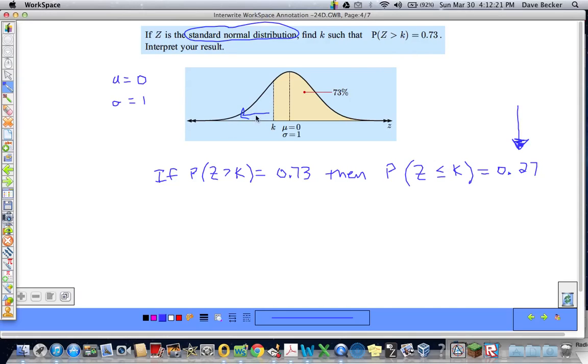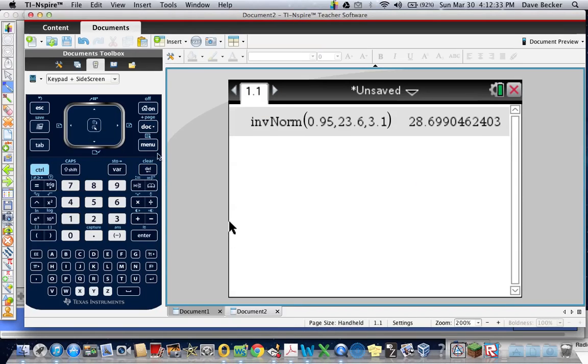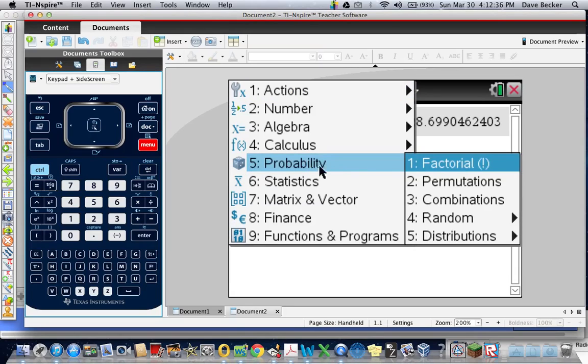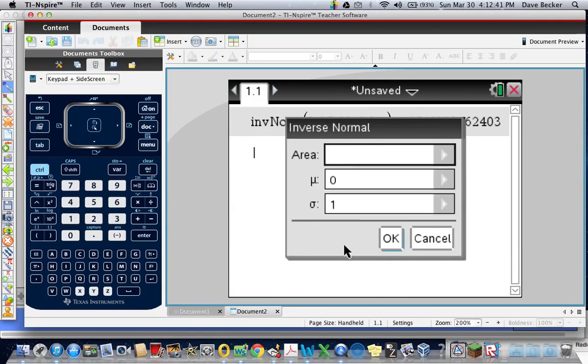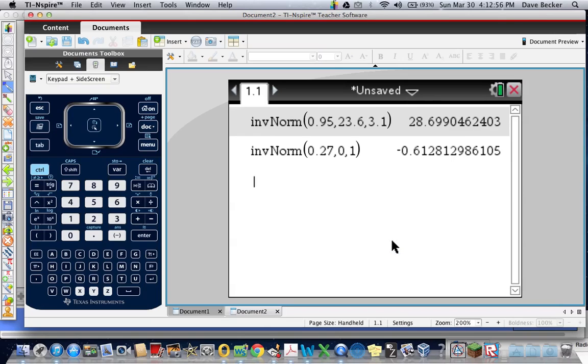Whenever it's greater than, you want to do the area to the left of the curve when you're doing inverse normal. That's just for inverse normal. That's how our calculator interprets it. Okay, so menu, probability, distributions, inverse normal. We need our area to be 0.27. And the default mode is for standard normal, which is a mean of 0 and standard deviation of 1. So all we need is the percent area that we need.